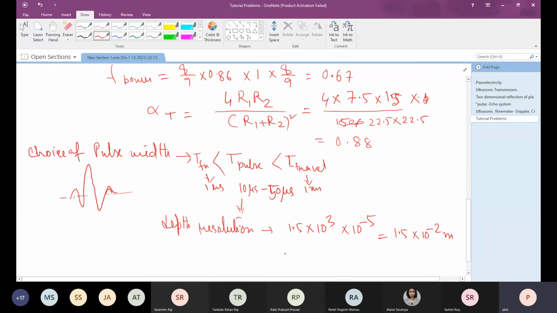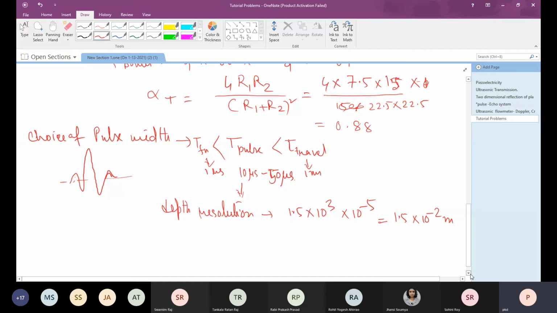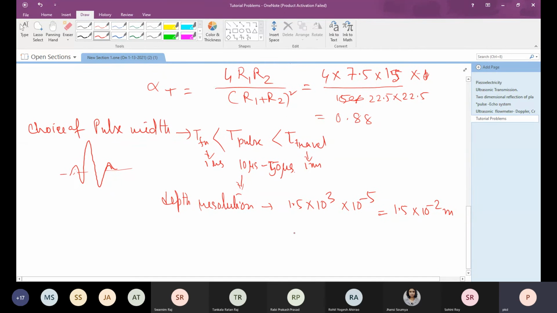Corresponding to 50 microsecond, of course, the depth measurement resolution will be lower. Here we are assuming that we can resolve the pulses corresponding to a differentiation of one period. Usually, if you see the shape of these ringing artifacts, it is often difficult if it arrives within one time period of that excitation.